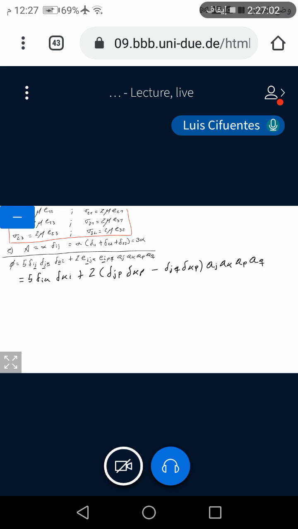Okay, and then reducing the index, let's say this KK here, so we have delta II plus 2, and now I'm going to multiply these guys here, A_J A_K A_J, and A_K here, minus A_J A_K A_J A_K.